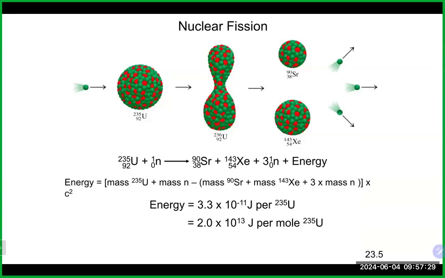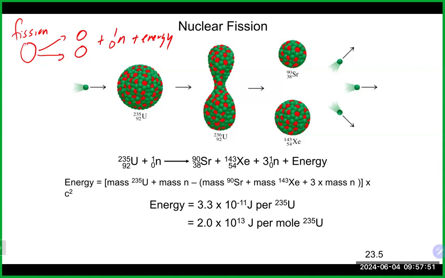And remember that fission itself can occur spontaneously, and fission is basically the idea where you have an unstable nucleus. It will split into two new nuclei. It will also give off a number of neutrons and a lot of energy in a fission reaction.